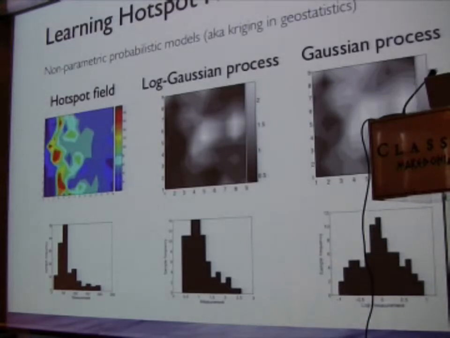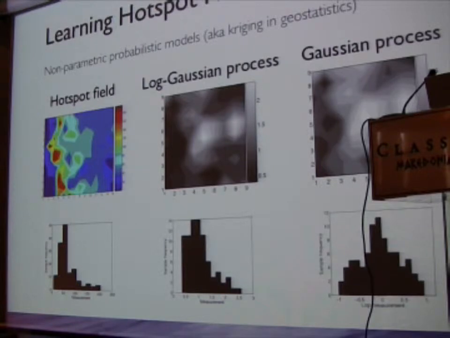Now I'll move on to talk a bit on the modeling technique before I tell you how to apply the planning on the model. I've used the non-parametric probabilistic models like the Gaussian and the log Gaussian process. For those of you who know what is geostatistics, they are often known as kriging.